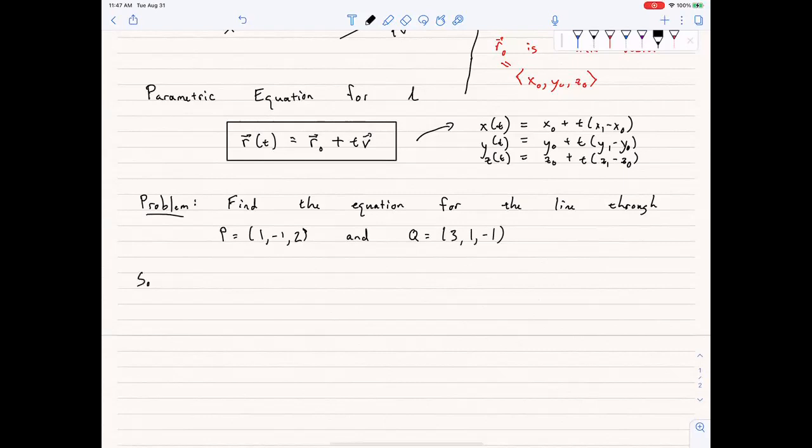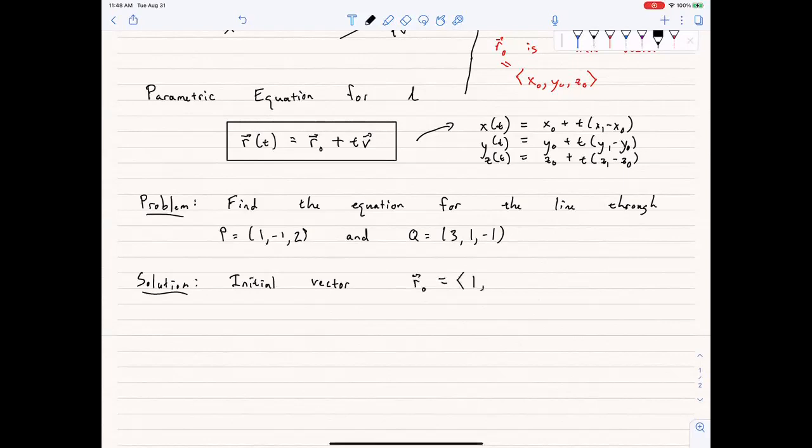All right, so the solution, basically all you need to do is find an initial point, initial vector, and a direction vector. And these are both given by the formulas that I've written above. So an initial vector. And again, there's some choice involved here. You could choose Q, you could choose P, you could choose, if you found another point, you could choose that. But we'll just make it simple here and just choose P. And I'm going to write it as a vector.